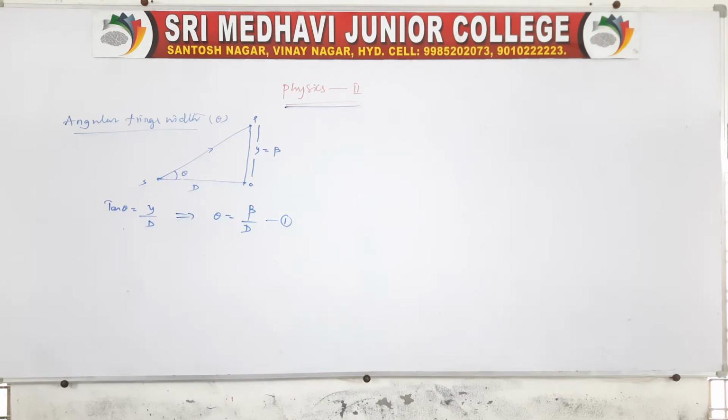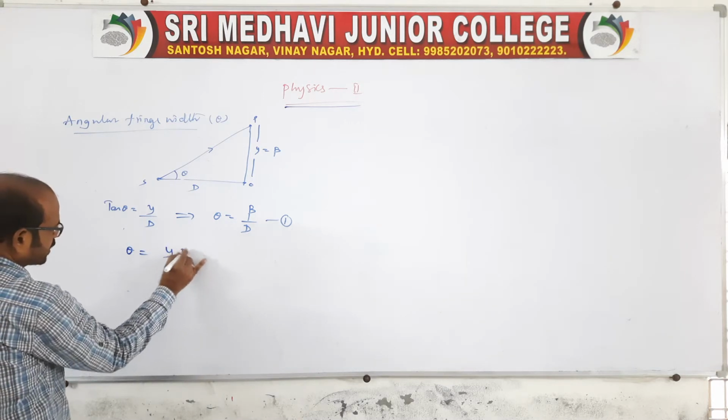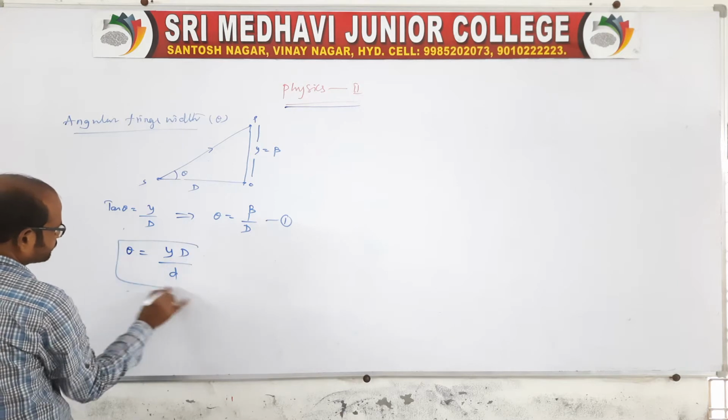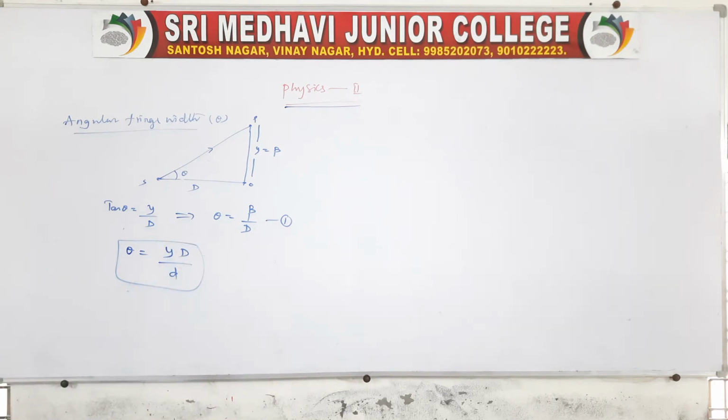So theta is equal to y by capital D, and we already know from yD by small d that sin theta is equal to y by d.